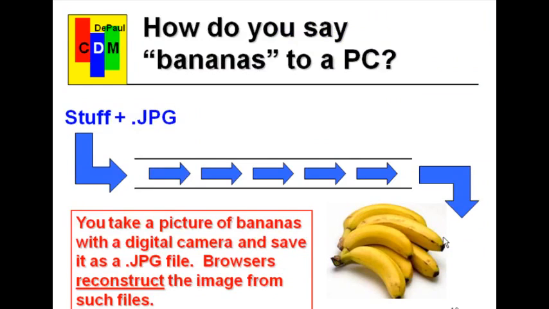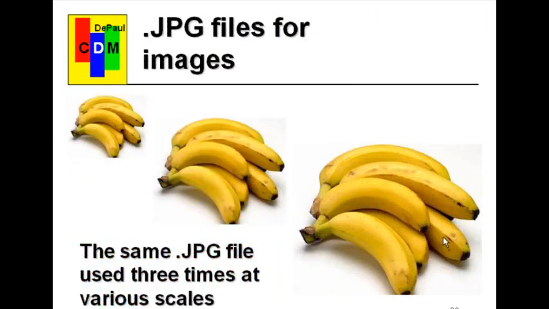It's simply a matter of scaling. I'll show you here how the very same JPEG sent from a sending computer to a receiving computer can be processed by the receiving computer using the HTML, which says at what scale to paint the JPEG I've sent. And that's how the very same image is sent and perhaps repeated in multiple sizes, as you see here.